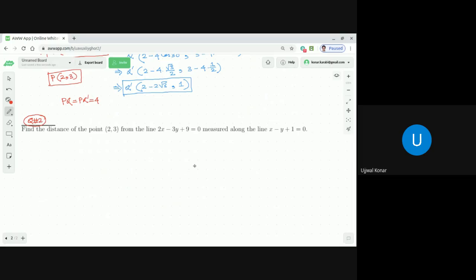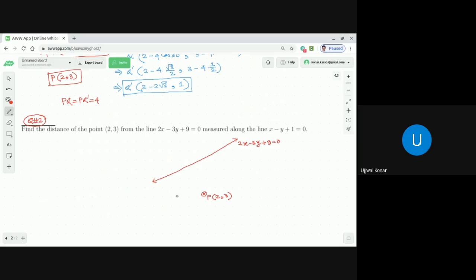Suppose this is 2x minus 3y plus 9 equal to 0. This is the equation of the straight line I have drawn in red. Now we have a point 2, 3. Suppose there is a point P, 2, 3. Correct, dear students? That is the point P, 2, 3.